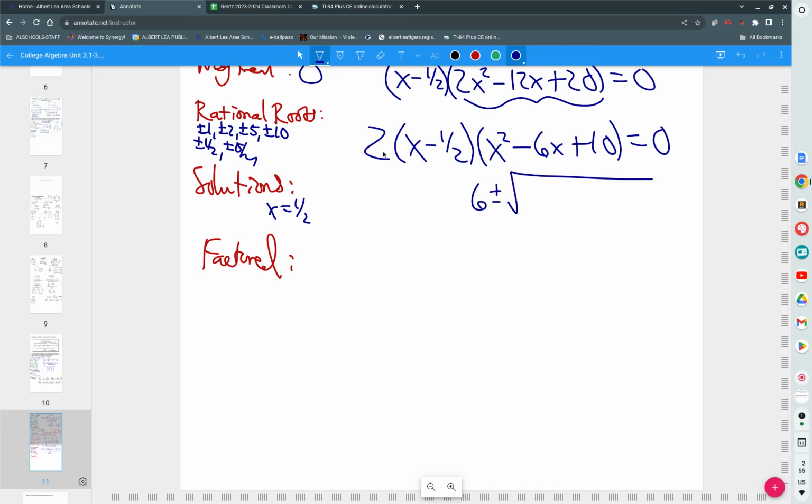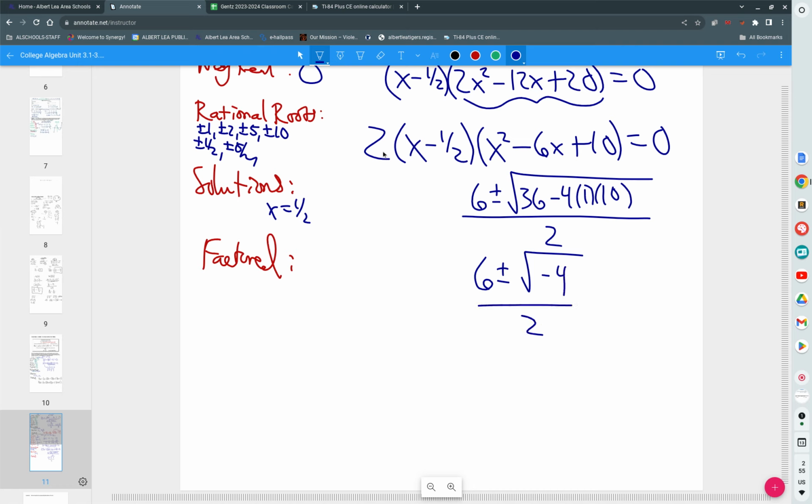6 plus or minus the square root of. We square our b value, get 36, minus 4 times the a value, which is 1, and the c value, which is 10. What do you get underneath the square root sign? -4.